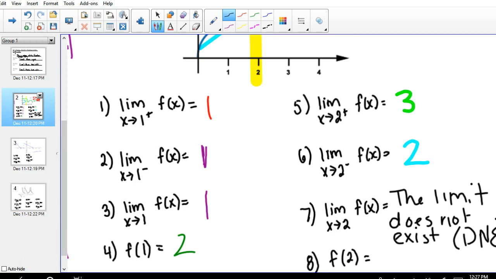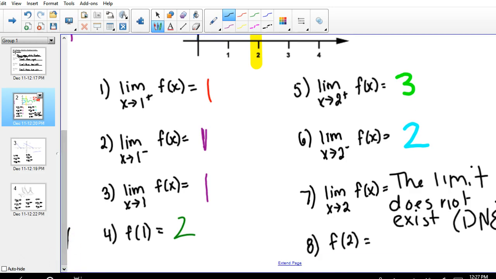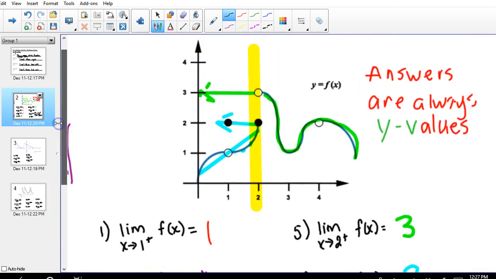And then for the last part, f of 2. If we look back up here at the graph, when we're asked for f of 2, we want to know where the closed-in circle is. The closed-in circle is right here. What is the y coordinate of that closed-in circle? 2.